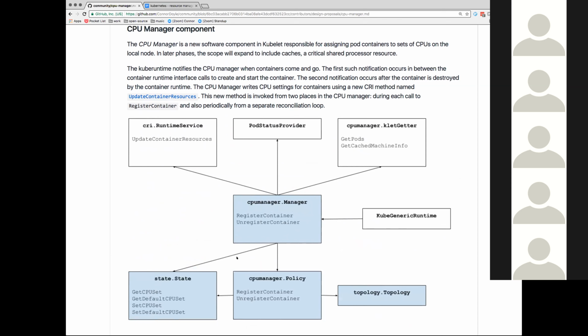And that state abstraction is read by the CPU manager in order to write back CPU set settings through the CRI using a new method in the CRI called update container resources. So I'm suspecting that this piece will be one of the more contentious issues, but we can talk about that when the time comes, or now, if anyone has input on that.